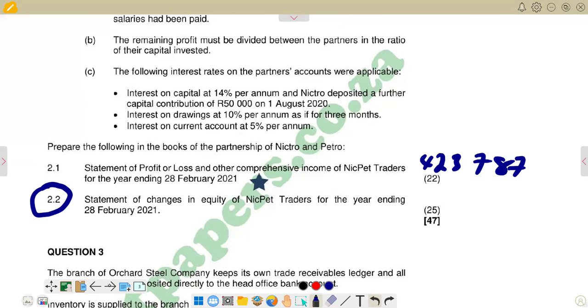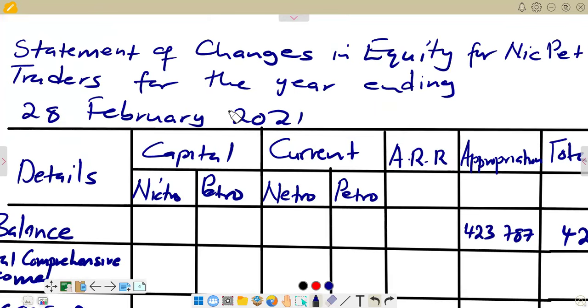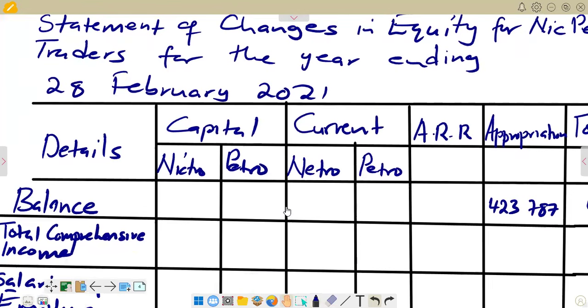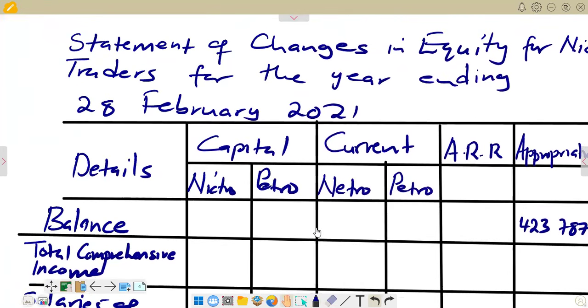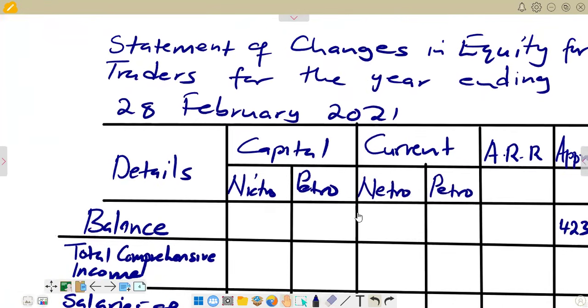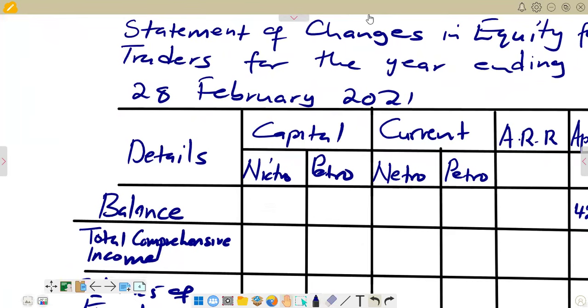So if you come here to the answer section, you see that this is the statement of changes in equity that we have for the year ending 28 February 2021. On the part of comprehensive income, you see that the total comprehensive income is already calculated from the last video.